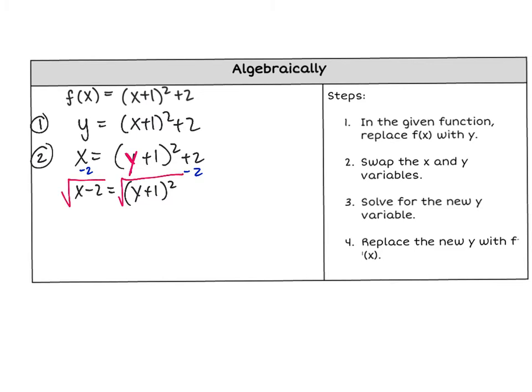Now, one important thing that we have to consider here is when you square root something, you have to add plus or minus to the side where you're not getting rid of the square root. So right on the left side, we're going to keep that square root. On the right side, the square root will cancel out with the square, so I'm just going to be left with y plus 1.